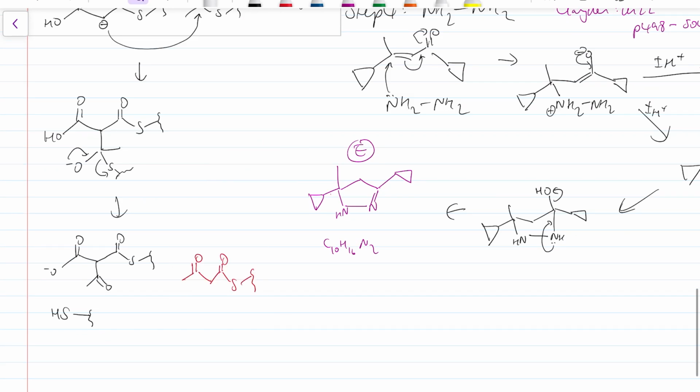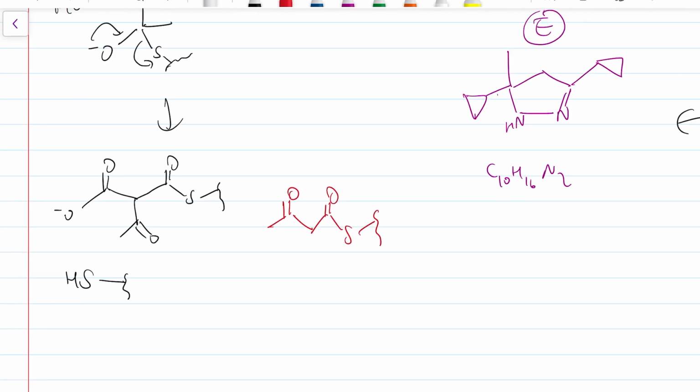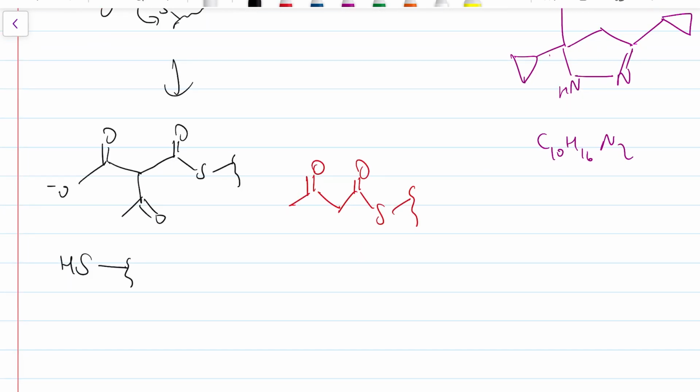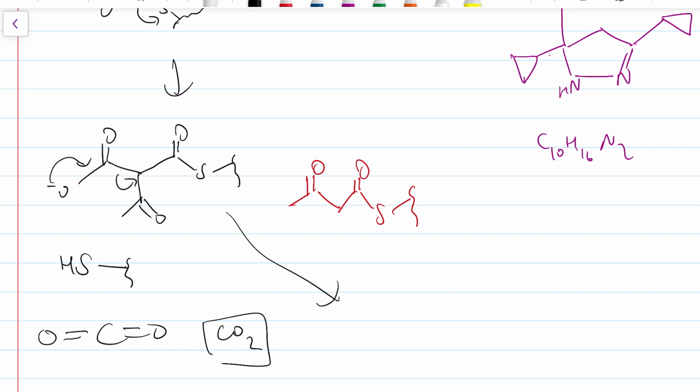If we look at what we've got, we're basically there already, because this part is just what I've drawn in red. So we need to get rid of basically this part of the molecule. And if you actually look at it carefully, and we draw some arrows in, we're actually forming this here, which you might know is carbon dioxide. And the other product we're going to form from this is almost our desired product.